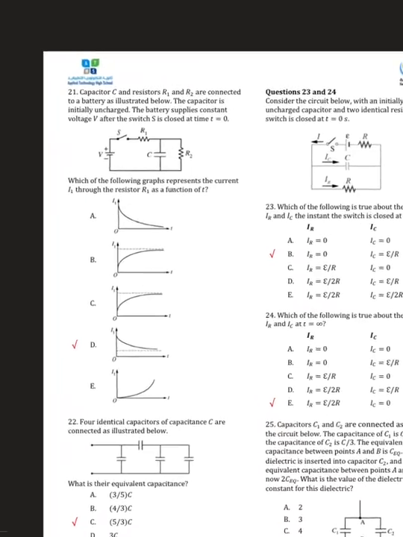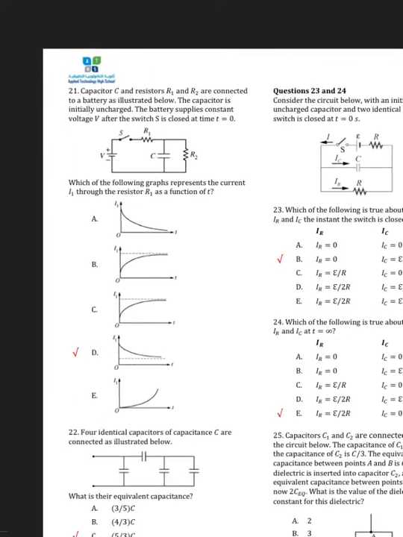Let's look at the next one here. Capacitor C and resistors R1 and R2 are connected to a battery as illustrated below. Capacitor is initially uncharged. The battery supplies constant voltage V, and after the switch S is closed at time t equal to 0, which of the following graphs represent the current I1 through resistor R1 as a function of t?